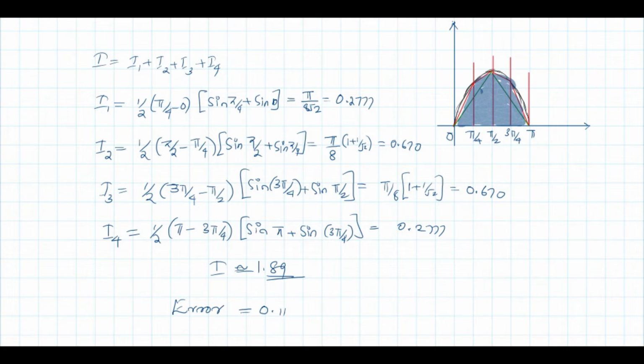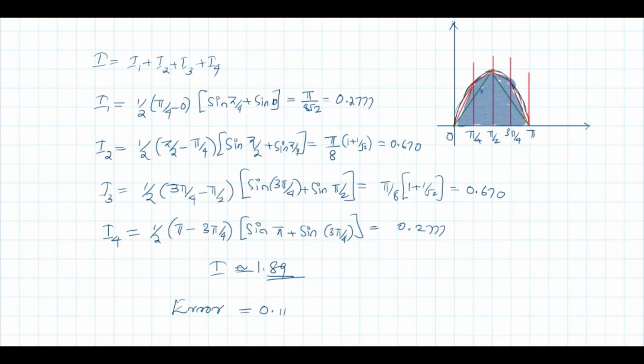So there are 4 integrals, I1, I2, I3, I4. There are 4 trapezoids, okay, 1, 2, 3, 4. In the first case, half into upper limit is pi by 4, lower limit is 0, sine pi by 4 plus sine 0. Second case, half into upper limit pi by 2, lower limit pi by 4. Third case, half into upper limit 3 pi by 4, lower limit pi by 2.